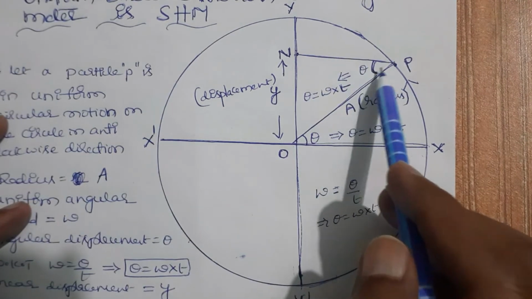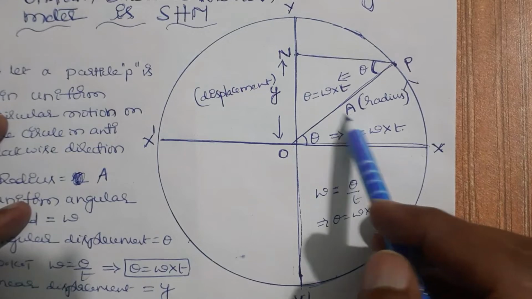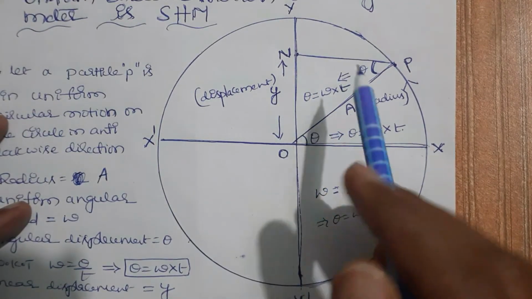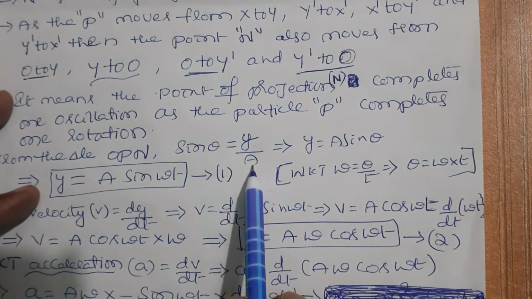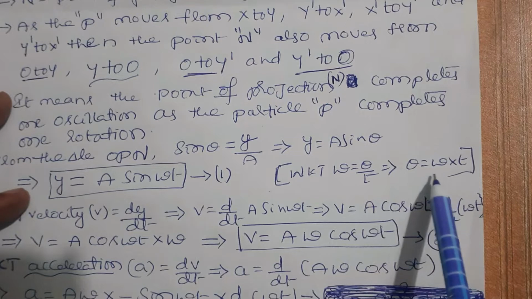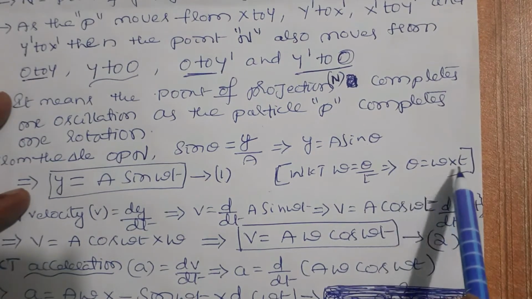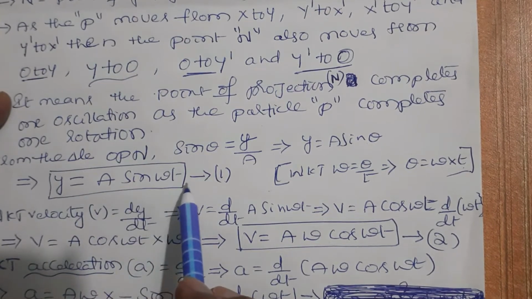Opposite side to theta is ON, and the hypotenuse is the radius, capital A, and this is the linear displacement y. That is why sine theta is equal to y by A, then y is equal to A sine theta. And you know, students, the angular displacement theta is omega into t. So y is equal to A sine omega t.